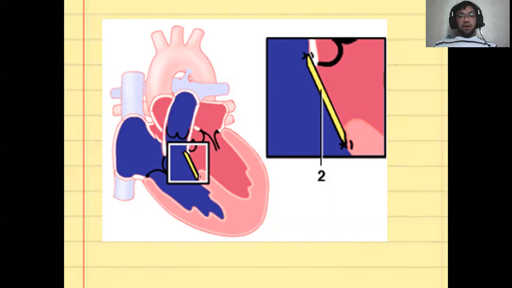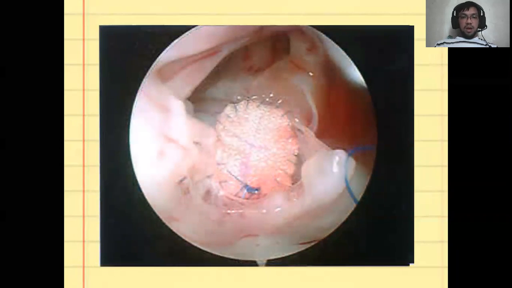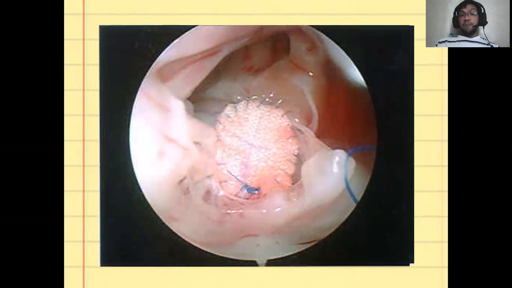So this is the Dacron patch that they are going to apply over that defect to close the patent septum between the ventricles. So this is an example of having a septal defect, ventricular septal defect. And this is a Dacron patch.